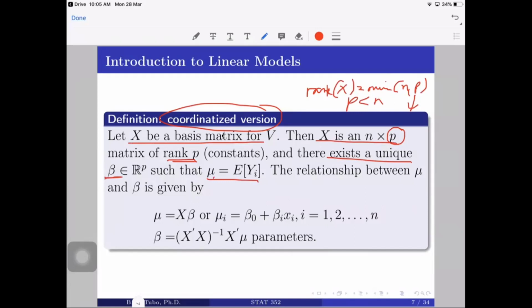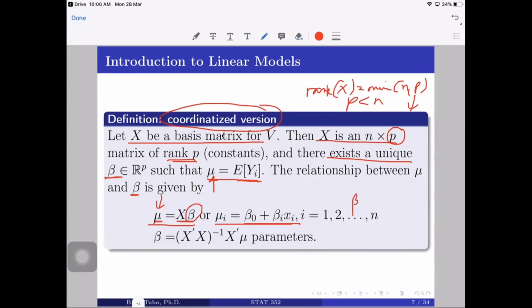you can write a mean mu to be the expected value of y. So the relationship between mu and beta is given by this one. So mu here, or your projection of y onto V, will be in terms of a basis matrix, X beta. Or individually, your mu_i will be beta_0 plus the sum of beta_i x_i. So this vector is actually composed of the components beta_1, beta_2, beta_3, and so on and so forth.